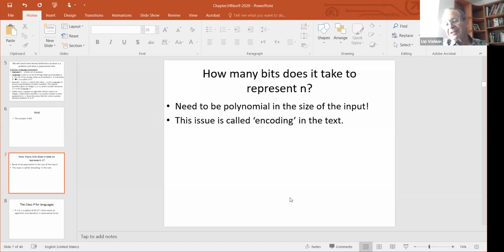Log base 2 of n, right? Agree with me? So if I gave you an algorithm which is linear in n, what is its performance as a function of log of n? It is exponential, right? 2 to the log of n equals n.